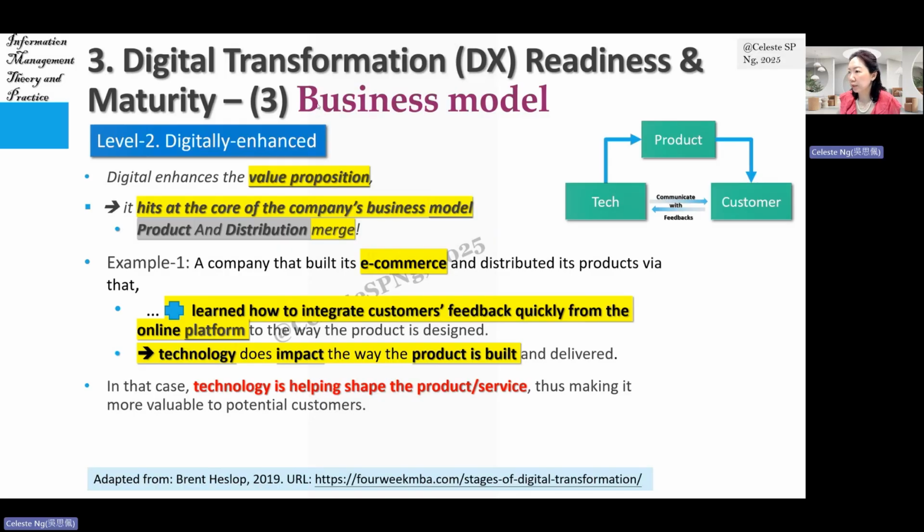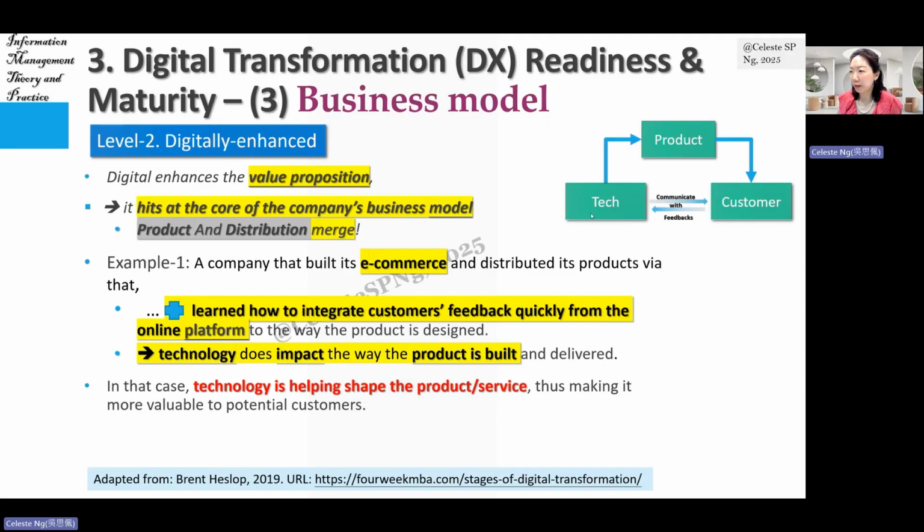For example, we go back to the same example of using technology to communicate with customers. A company may build an e-commerce website in order to communicate the product or service to customers, and on that website, customers can provide feedback.